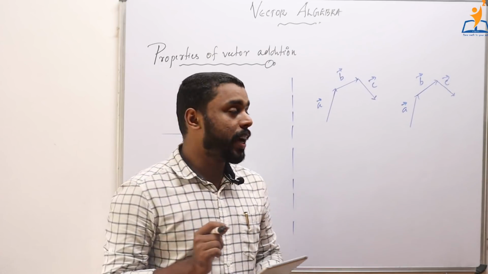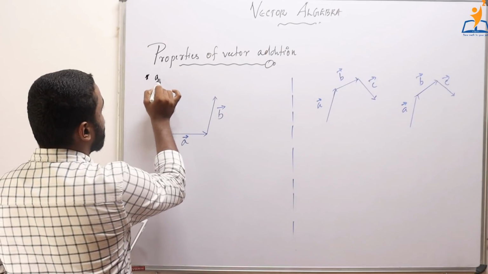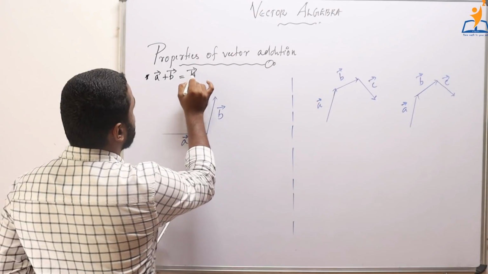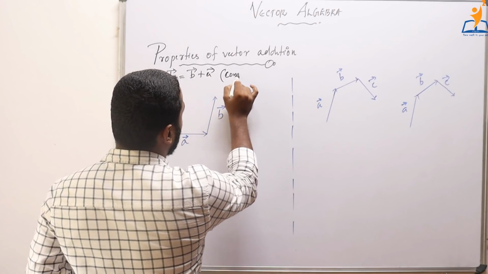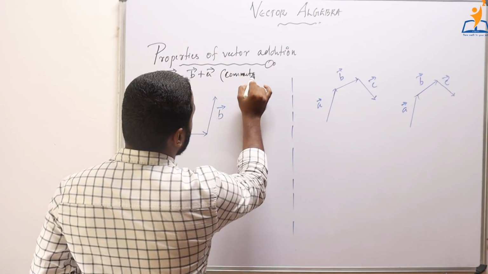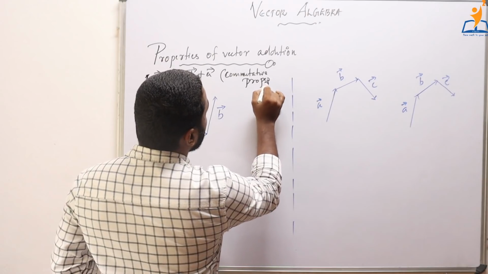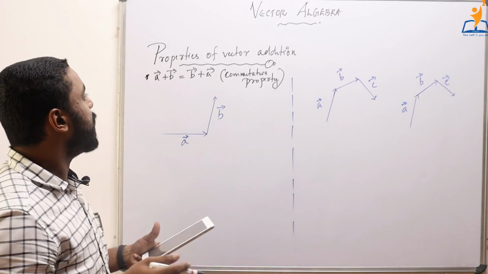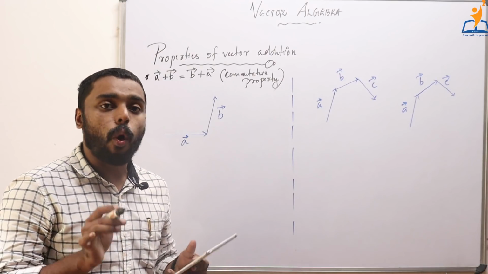There are two very important properties of vector addition. The first property is vector A plus vector B is nothing but vector B plus vector A. This property is known as the commutative property. Commutative property means that we can easily add two vectors without considering the order of addition.